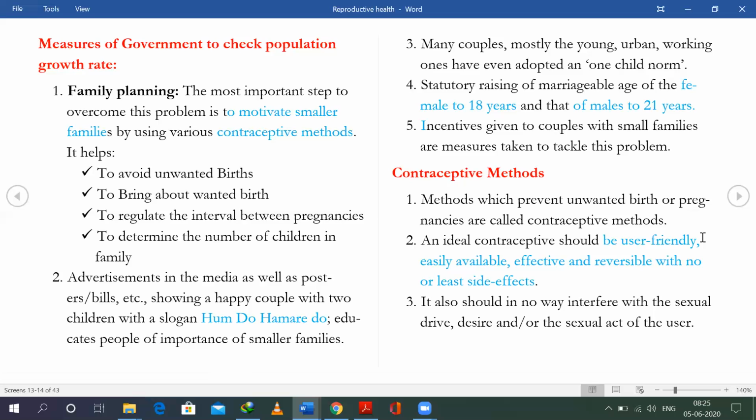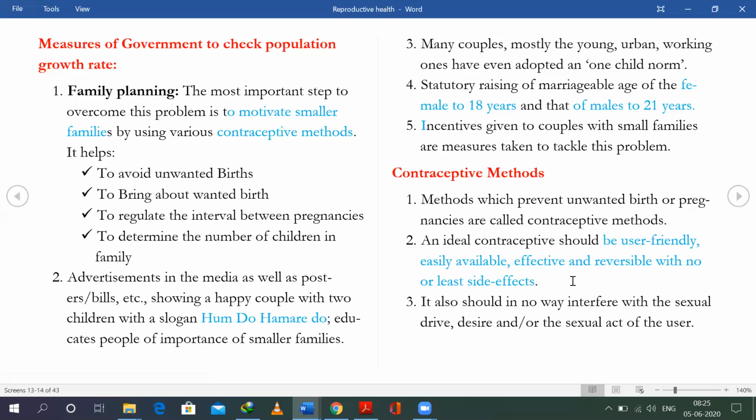So it has to be user friendly, easy to use, and easily available, in all kinds of retail stores. It's not just limited to some societies or rich societies. It has to be easily available.